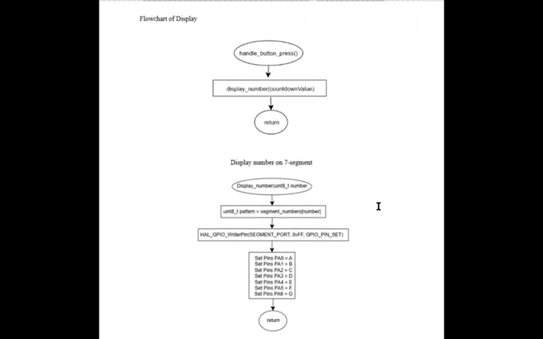Last but not least, we have the flowchart of the display, which controls the 7-segment display output. So when the sensor detects the pedestrian, the timer will have a 10-second countdown. Then when it reaches 0, the green light will turn on.